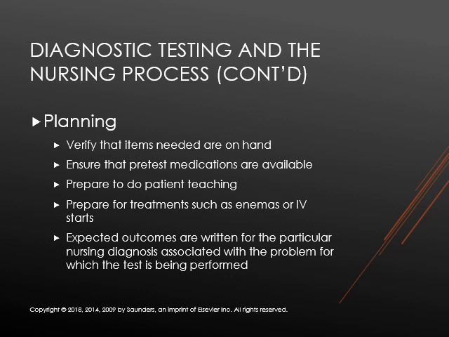So before proceeding, check with the pharmacy and hospital supply department for any necessary equipment and supply you may need for your patient undergoing procedures or diagnostic tests. Verify that you have all items at hand. So basically, be prepared. Ensure that the pre-test medications are available if any are prescribed for your patient.